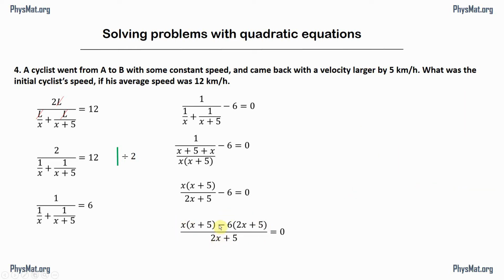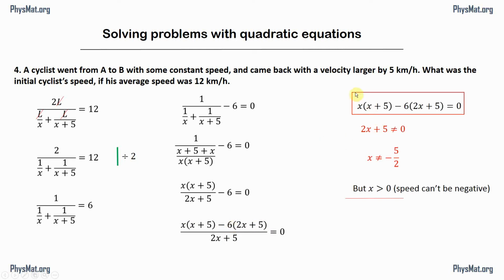And now we get an equation in the form of numerator divided by denominator is equal to 0. As we know, our condition will be that the denominator is not equal to 0, and then numerator equal to 0 will be our equation. So this will be our equation under the condition that x is not equal to minus 5 divided by 2.